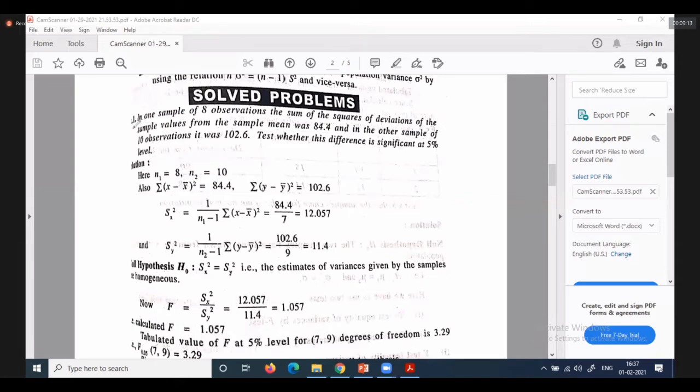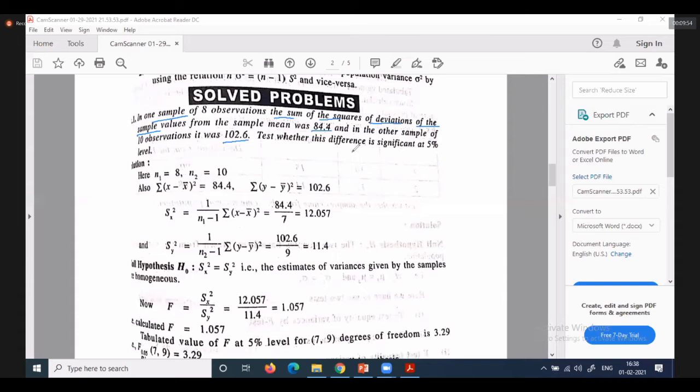In one sample of 8 observations, the sum of squares of the deviation of the sample values from the sample mean was 84.4, and in the other sample of 10 observations it is 102.6.